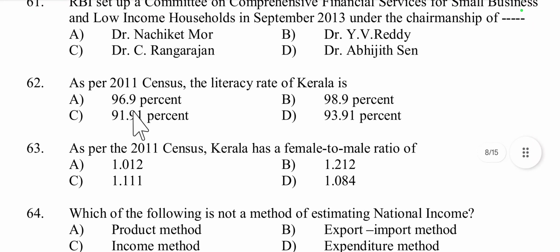Then question 62, as per 2011 census, the literacy rate of Kerala is 93.91, and Kerala recorded the highest literacy in India as per 2011 census, that is 93.91%.